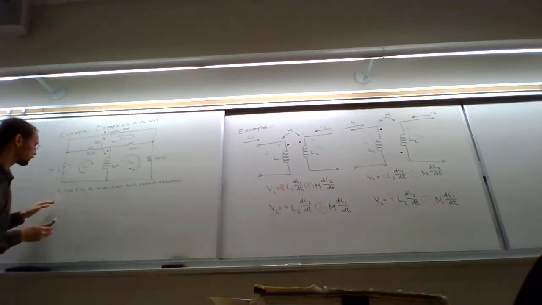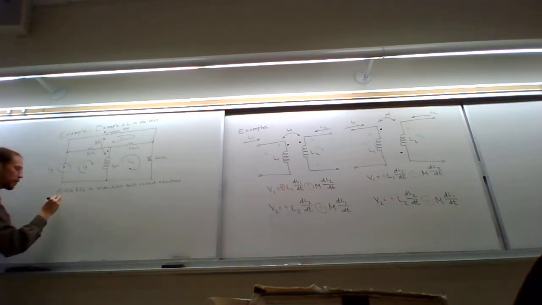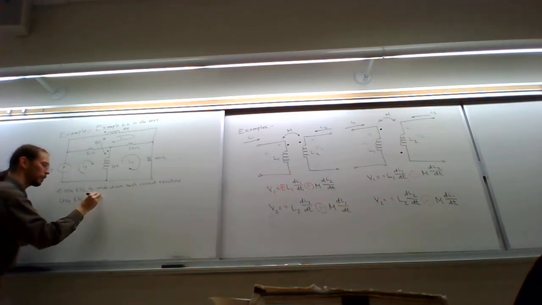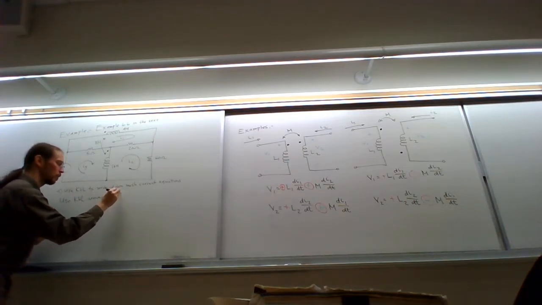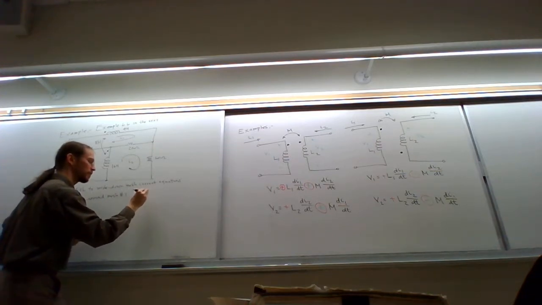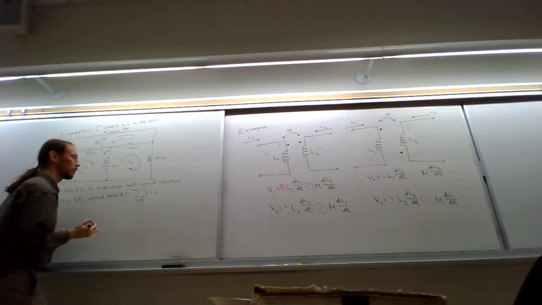I should be able to do it. So let's concentrate on this mesh first. So I'm going to use KVL around mesh number 1. So the sum of the voltages around this mesh has to add up to 0.